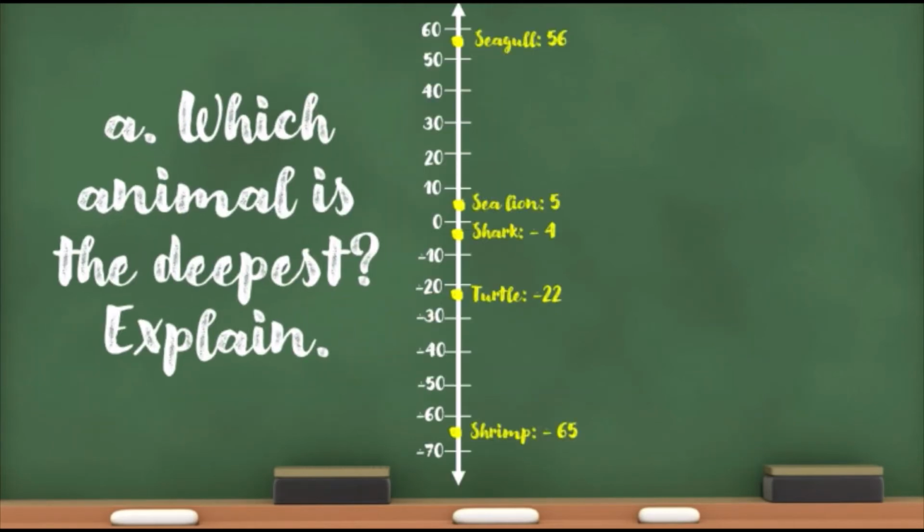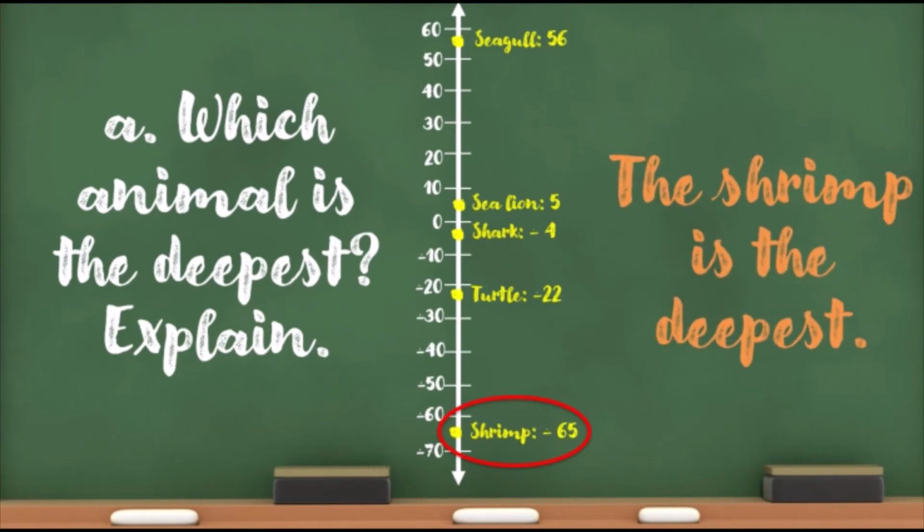Letter A. Which animal is the deepest? The lowest elevation represents the animal that is the deepest. The integer that is the lowest on the number line is -65. So, the shrimp is the deepest.